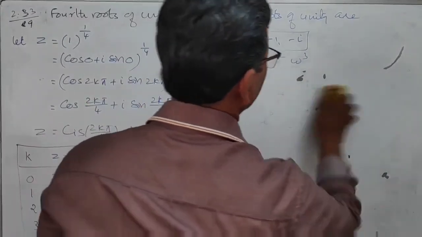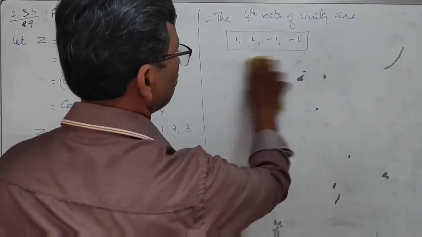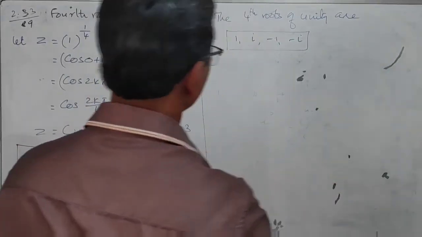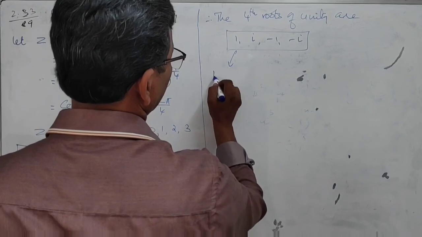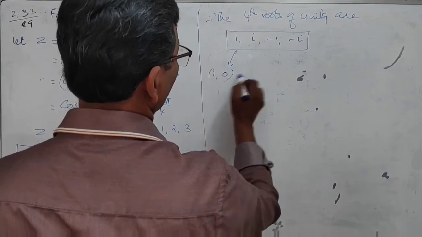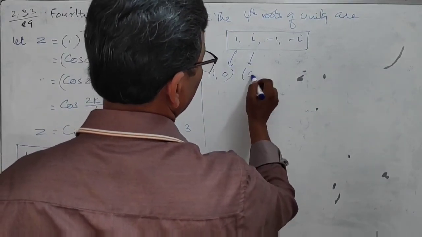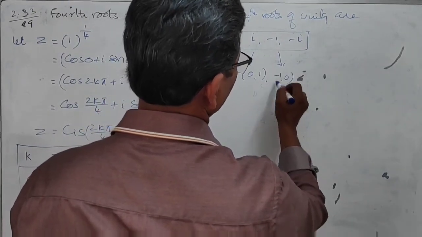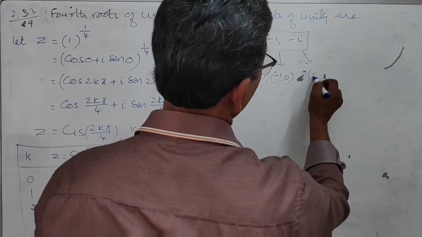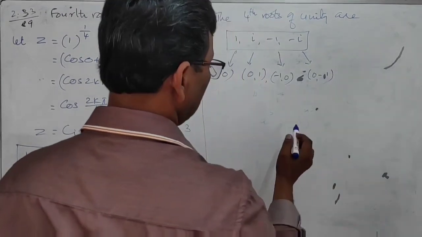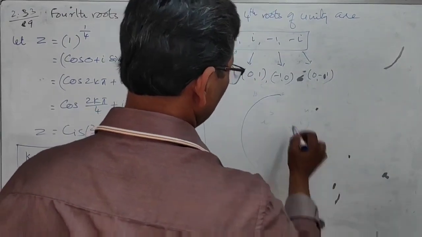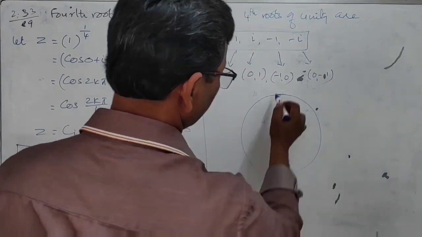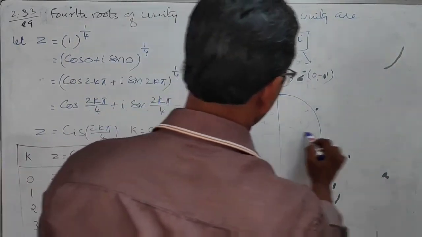Listen here. See, this is 1 comma 0, this is 0 comma 1, this is minus 1 comma 0, and this is 0 comma minus 1. Then if you draw a circle, that is the unit circle.